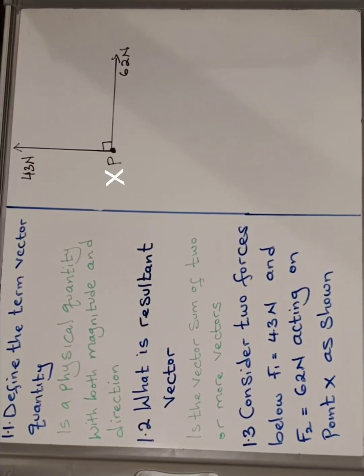Then comes this question. It says, consider two forces below, F1, which is 43 newtons, and F2, which is 62 newtons, acting on point X as shown. So we are having this scenario.